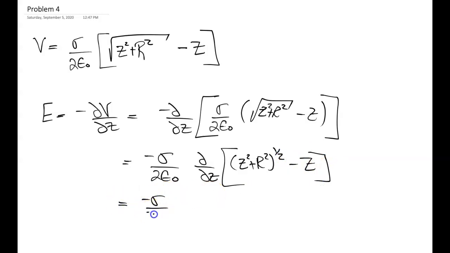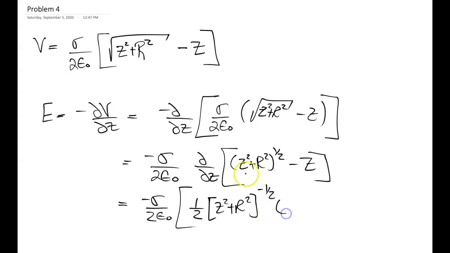And now we can say this is negative sigma over 2 epsilon naught. The derivative of the first part is going to be 1/2 times Z squared plus R squared to the negative 1/2 power, and then times the derivative of the argument inside, applying the chain rule, which gives me times 2Z.